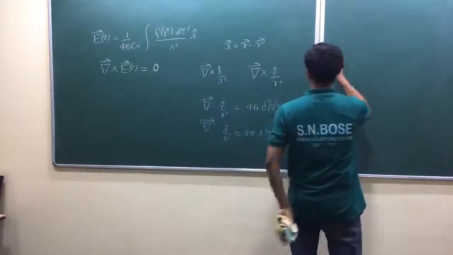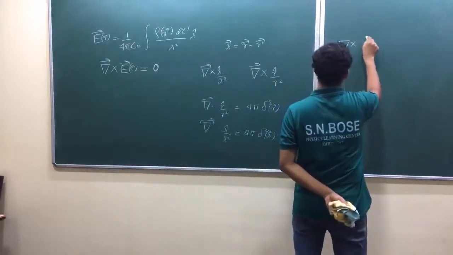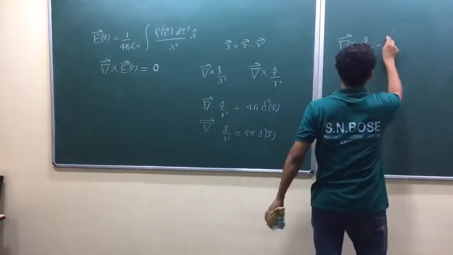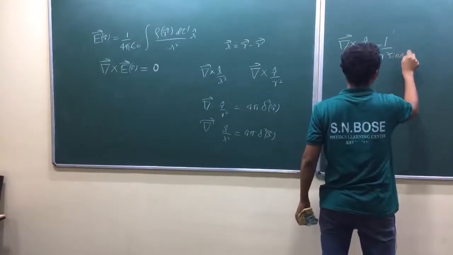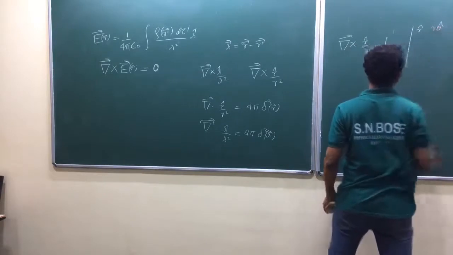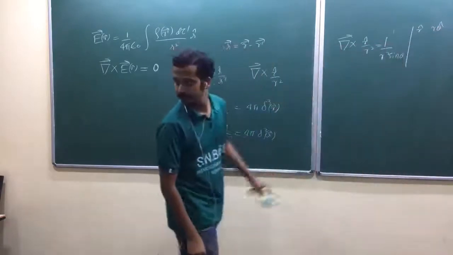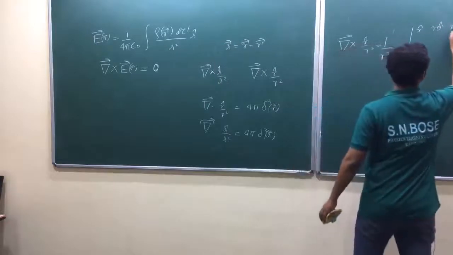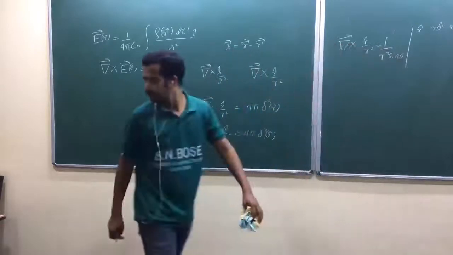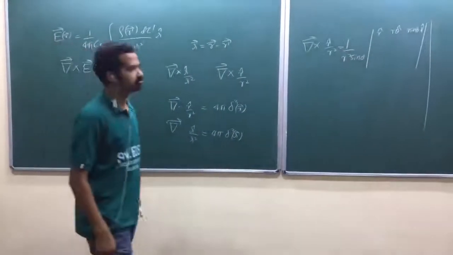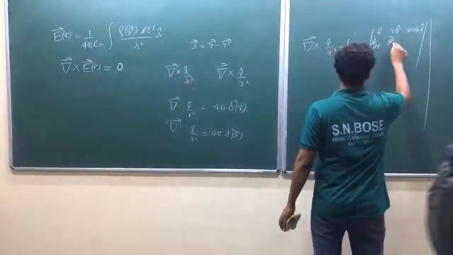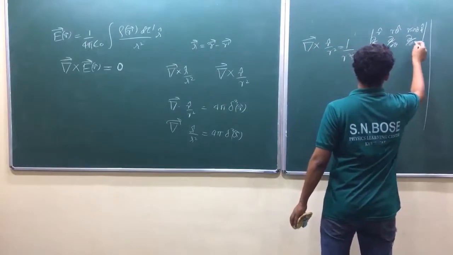Just check it out. In polar coordinates, find del cross r cap by r square. That is 1 by r square sin theta, with unit vectors r cap, r theta cap, r sin theta phi cap, and derivatives dou by dou r, dou by dou theta, dou by dou phi.